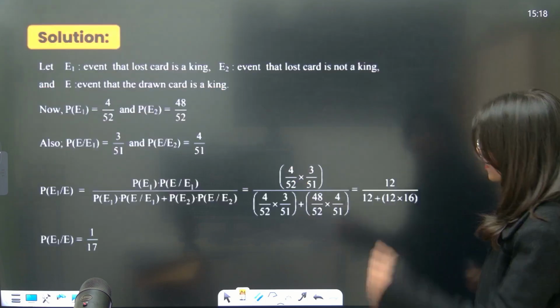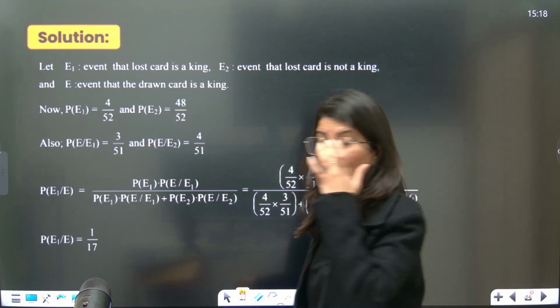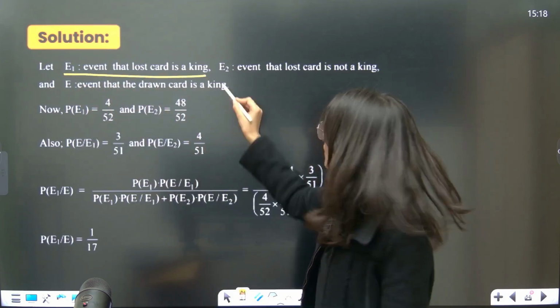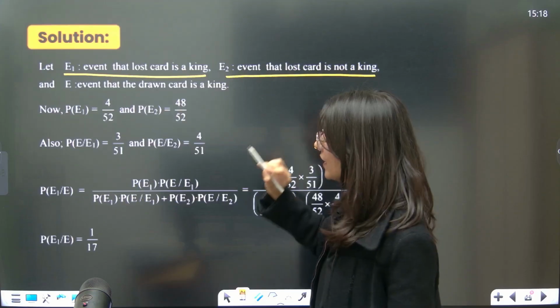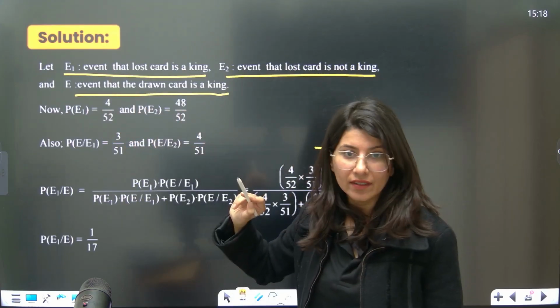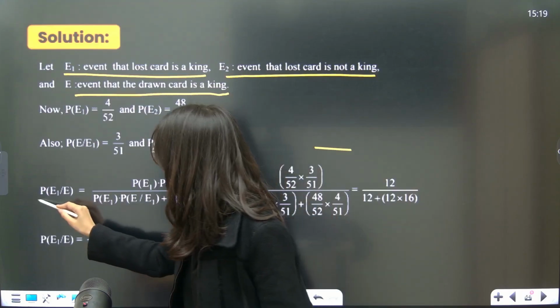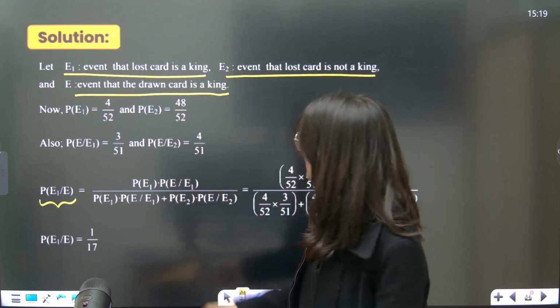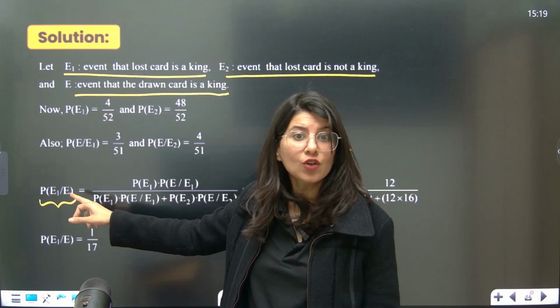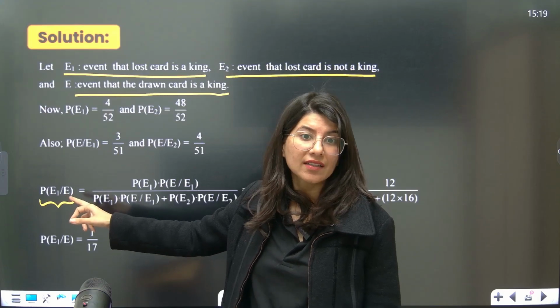Okay, let me just tell you how to present it. First of all, E1 is the event that the lost card is a king, E2 is the event that the lost card is not a king. Then E is the event that the drawn card is a king. Correct. Now, the probability that your lost card is a king given that the card drawn is a king.